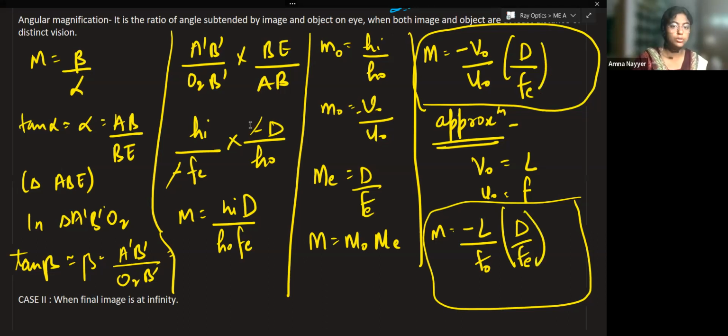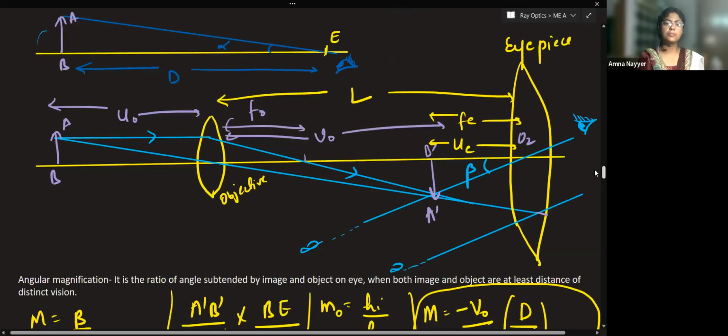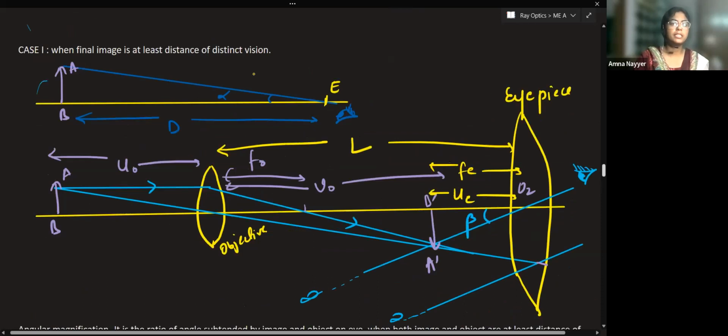Again, no need to use sign convention here as well. All right, note this down again. Make this as case 2, when the final image is formed at infinity.